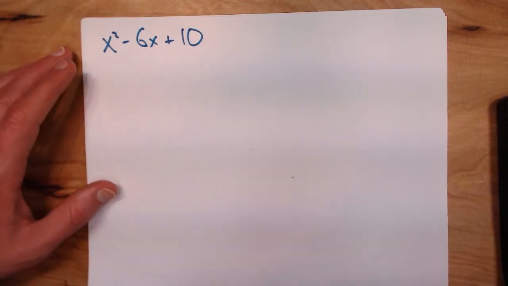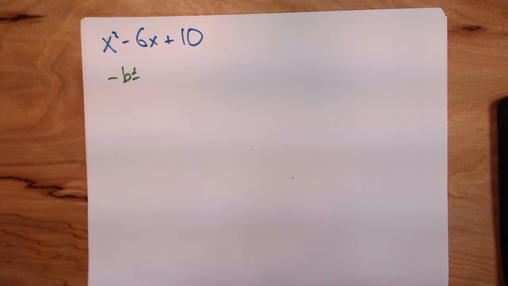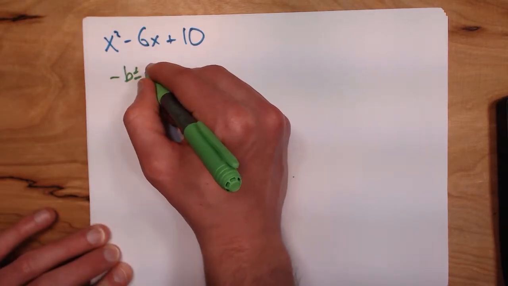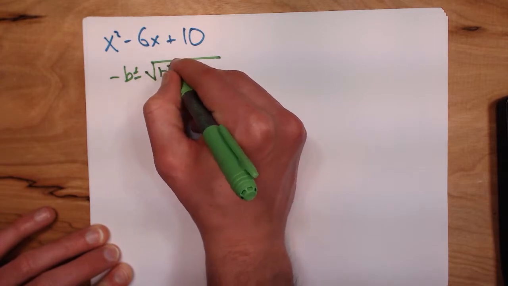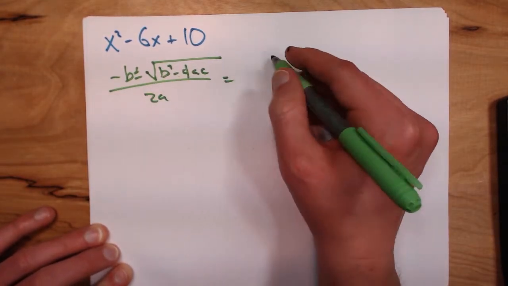This is just a good old quadratic formula. Negative b plus or minus the square root of b squared minus 4ac over 2a. So I'm going to plug in here.